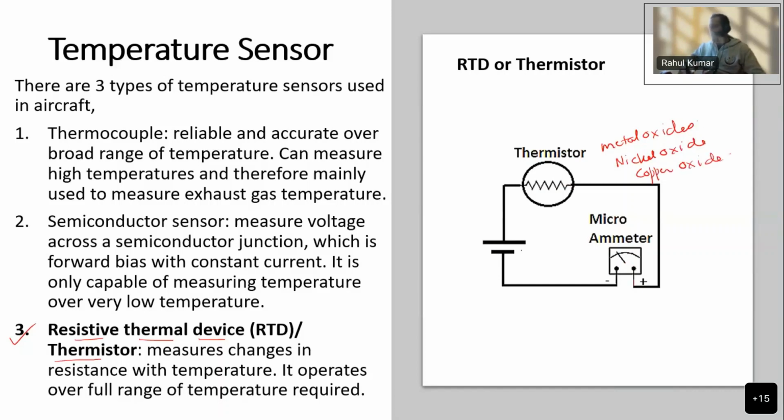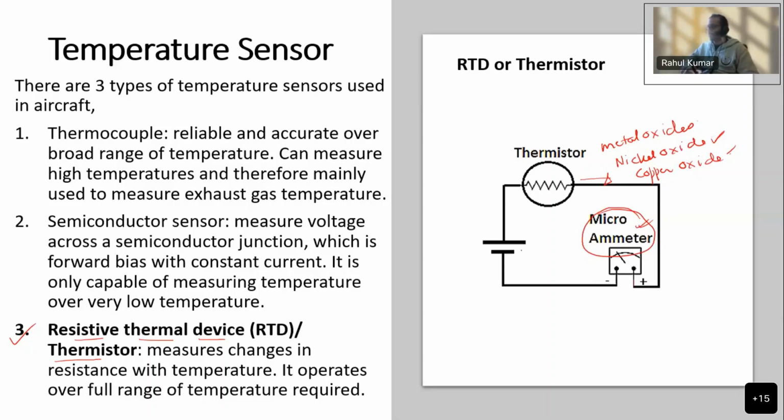When this thermistor is heated, or the temperature around it changes, the resistance will also change, and therefore we use an ammeter to measure the value of current. Based on the value of current we can then calibrate this sensor to measure the temperature.